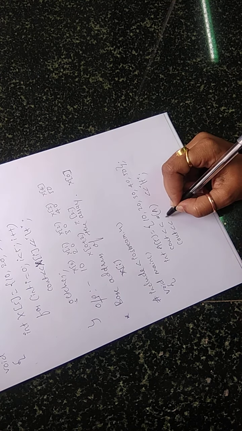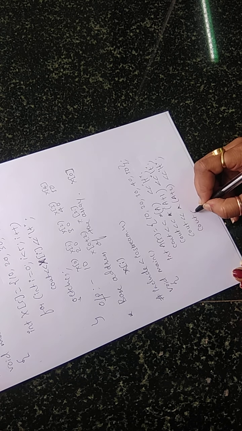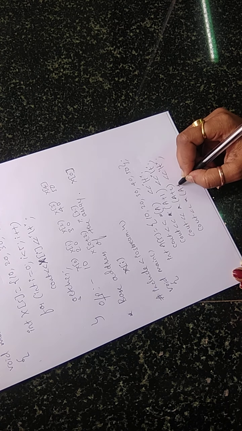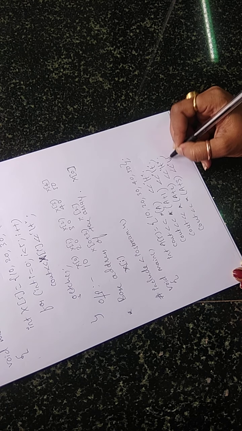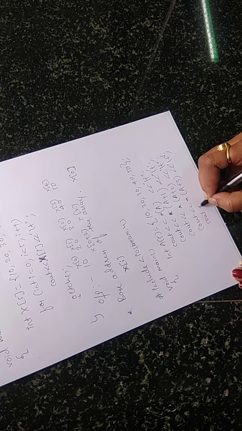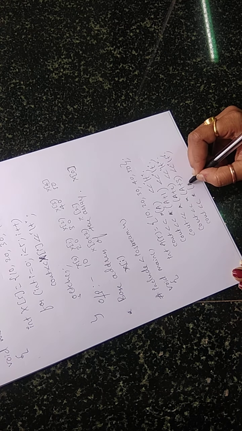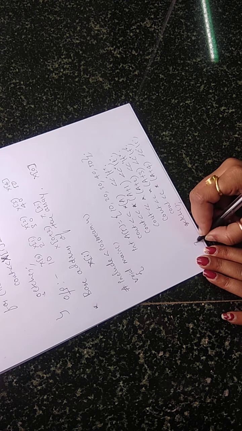I'll say cout asterisk of a plus 1, then a tab space. Next, cout asterisk of a plus 2, tab space. Next, cout asterisk of a plus 3. Next, cout asterisk of a plus 4 and a tab space, getch and close it.